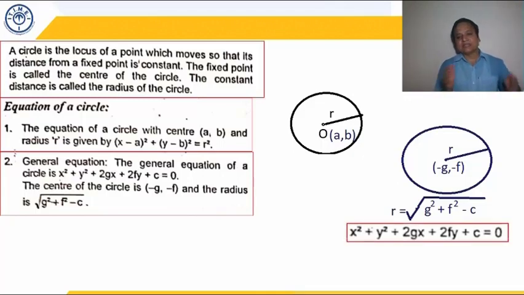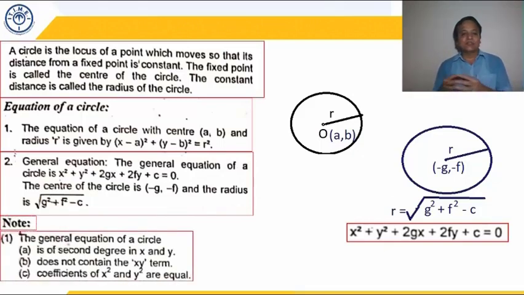Whenever we are using center minus g minus f and the radius in this form, please make sure the coefficients of x square and y square are both the same and plus 1. If it is 7, 7, divide the entire equation by 7 before using these forms. So it's x square plus y square plus 2gx plus 2fy plus c equal to 0.